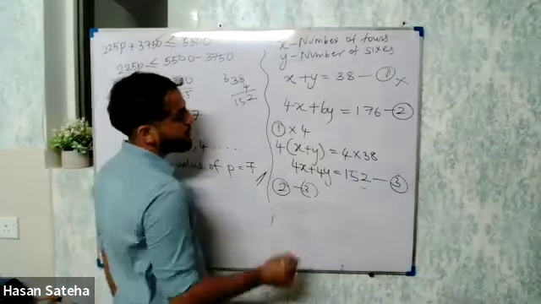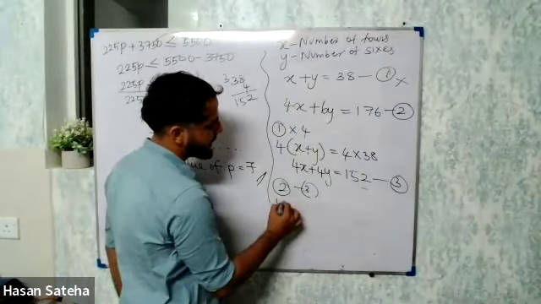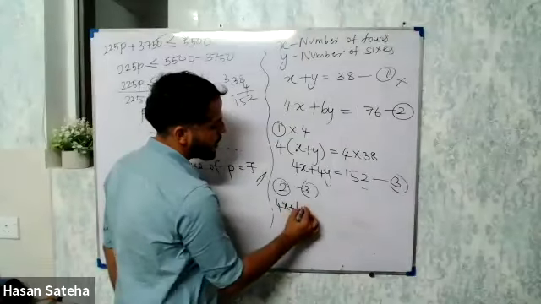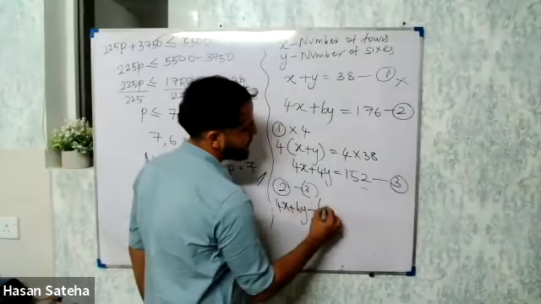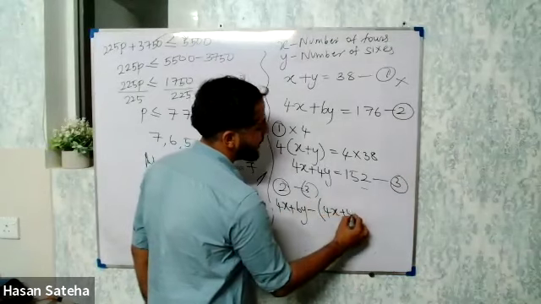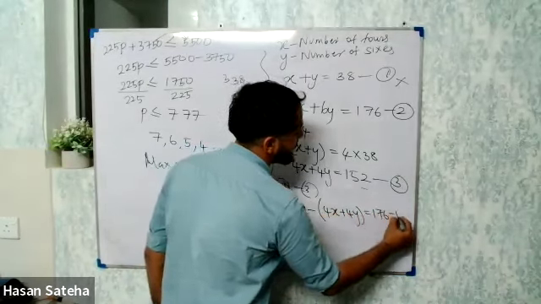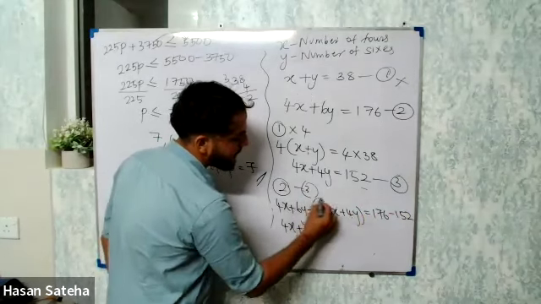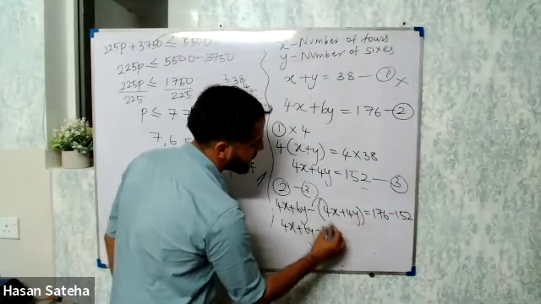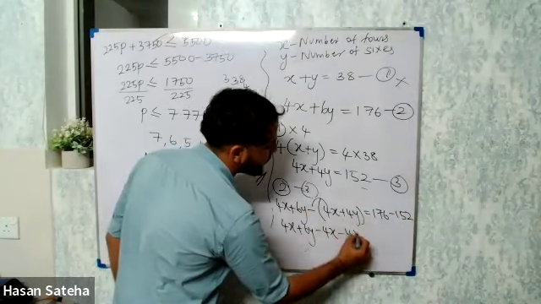All right. So 2 minus 3, second equation you have 4x plus 6y minus, put a bracket, 4x plus 4y, that is equal to 176 minus 152. Now 4x plus 6y, open the bracket, minus into 4x minus 4x, minus into 4y minus 4y.